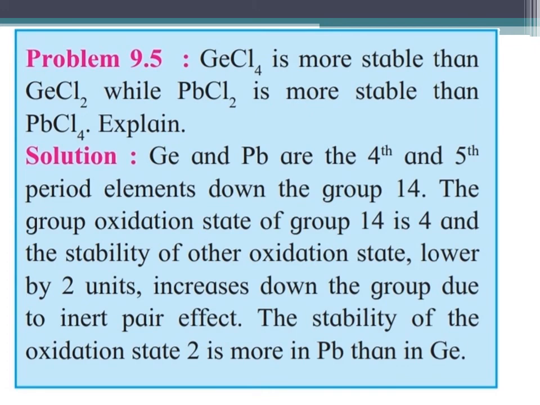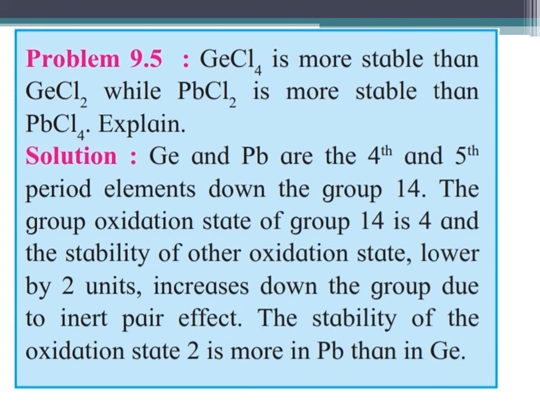The group oxidation state of group 14 is +4. We also know that group 14 exhibits the oxidation state of +2 as well. Stability of +2 oxidation state increases down the group. And as lead is the lowermost element, that is why lead will be more stable in +2 oxidation state.